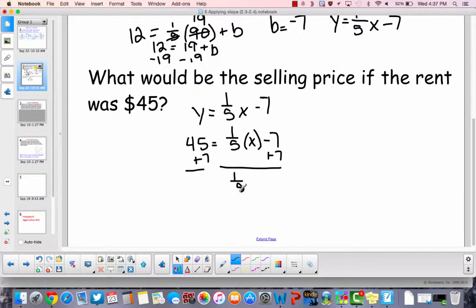And we get 1/5 x equals 51. Now we've got this 1/5. How do I get rid of that? If I multiply both sides by 5, I get x equals 5 times 51, which is $255.